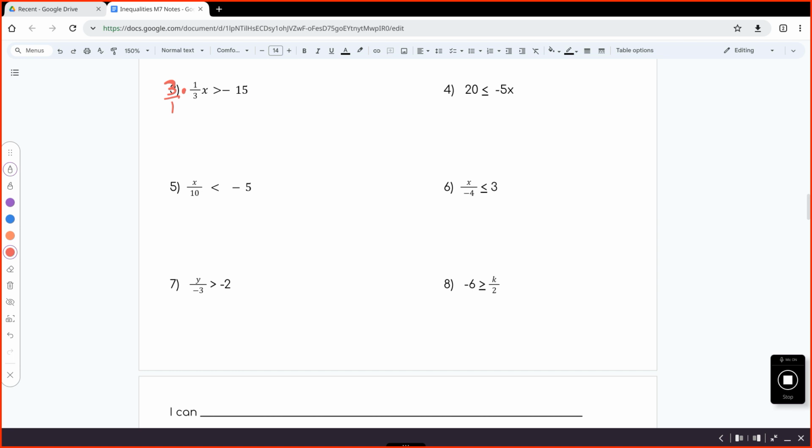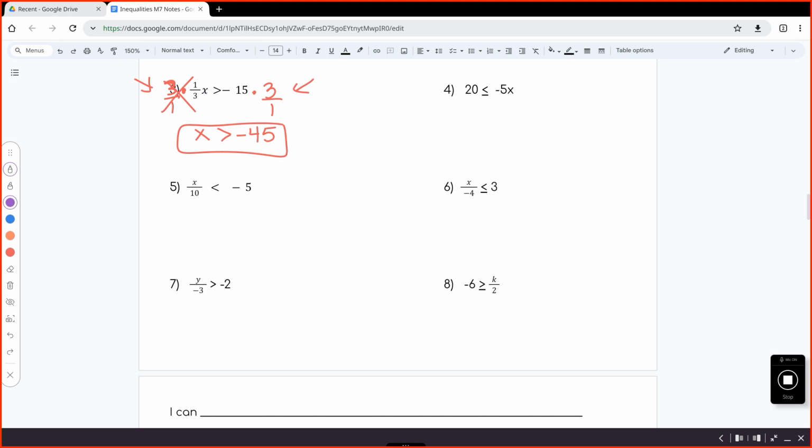We're multiplying each side by 3 over 1. These cancel, and we are left with x is greater than negative 45. We don't need to worry about flipping anything because those are positive 3's that we multiplied on both sides.